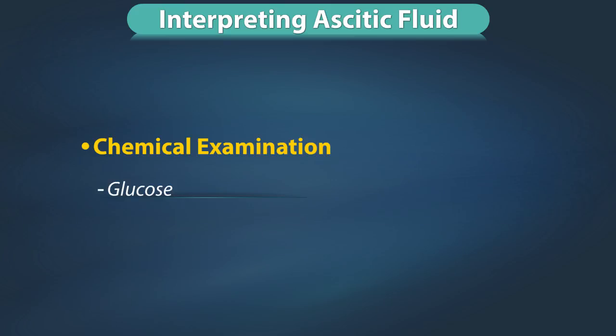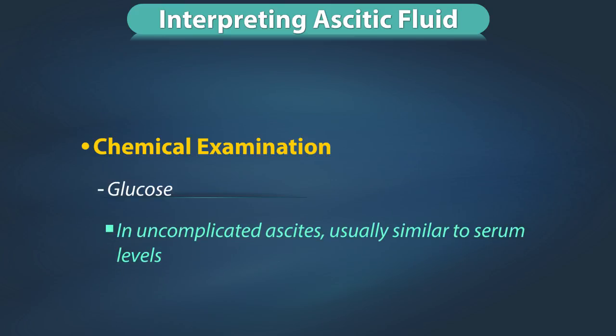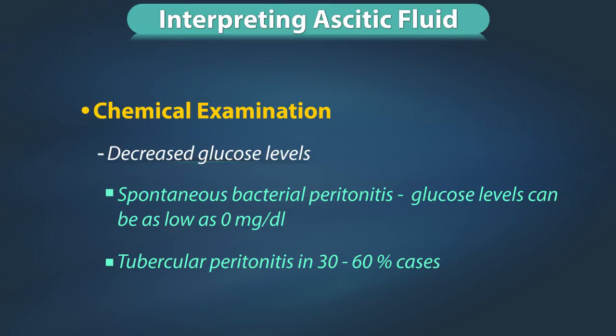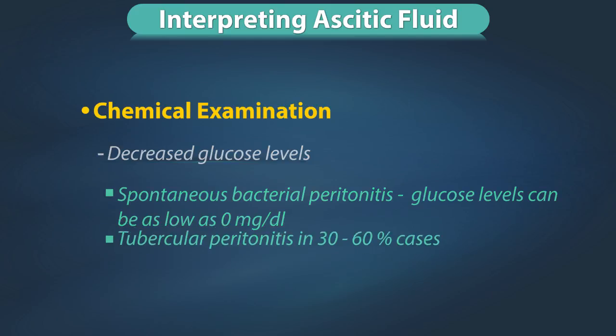Glucose has little value. In uncomplicated ascites, it is usually similar to serum levels. In late spontaneous bacterial peritonitis, ascitic glucose levels can drop to as low as 0 mg per deciliter secondary to bacterial consumption. Low levels of glucose are also seen in 30 to 60% of cases of tubercular peritonitis.